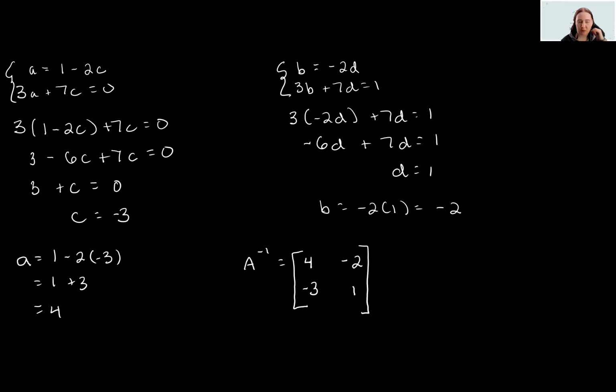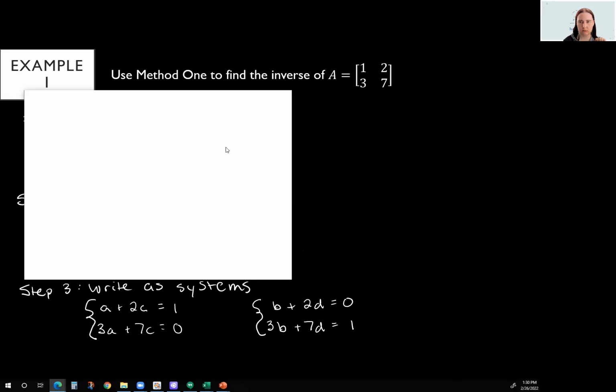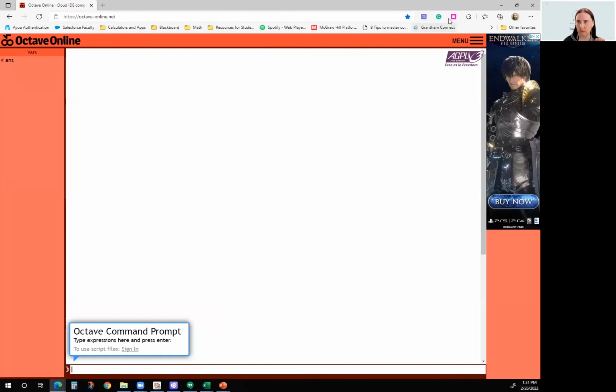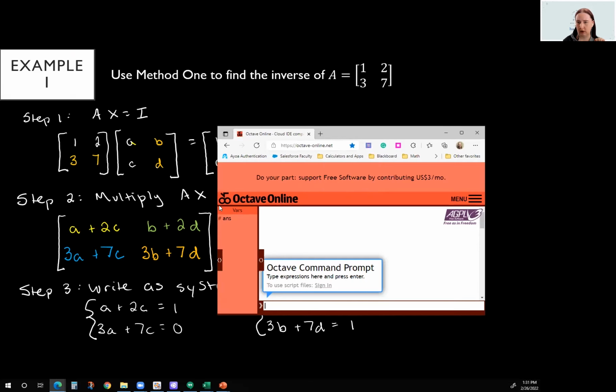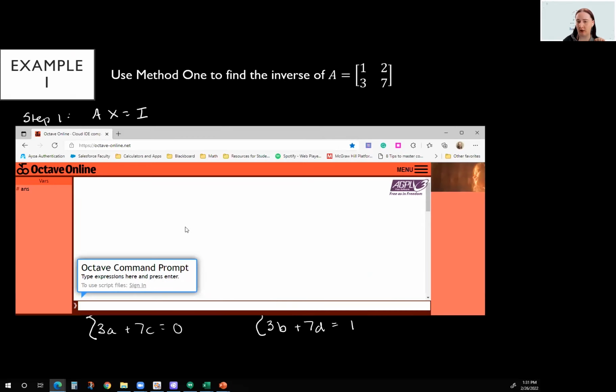Okay, well, if nobody has verified, we can use Octave to verify. To use Octave, I need to plug in the original matrix here. Okay, you prefer substitution, so you're following along.